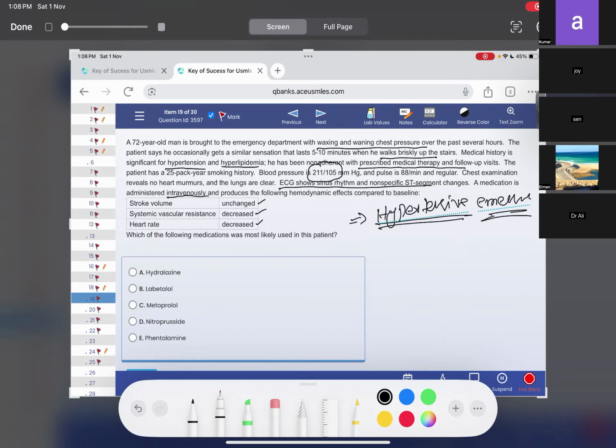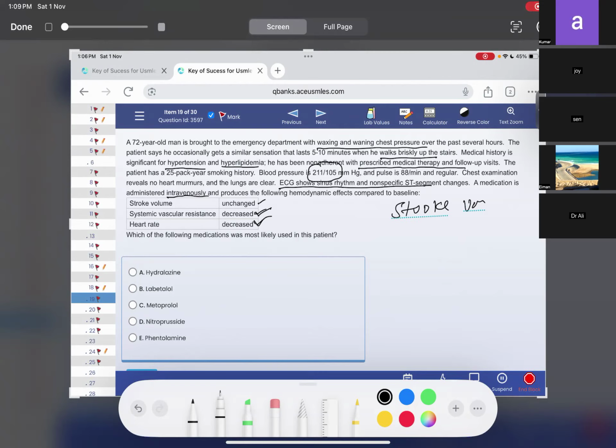We have to decrease this blood pressure by 25% in the first hour and then slowly decrease it eventually. So they have given a drug that leaves the stroke volume unchanged, decreases systemic vascular resistance, and also decreases heart rate. Which one of the following medications is given to the patient?